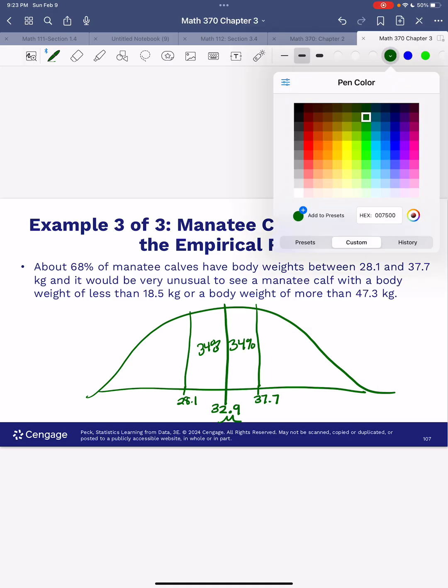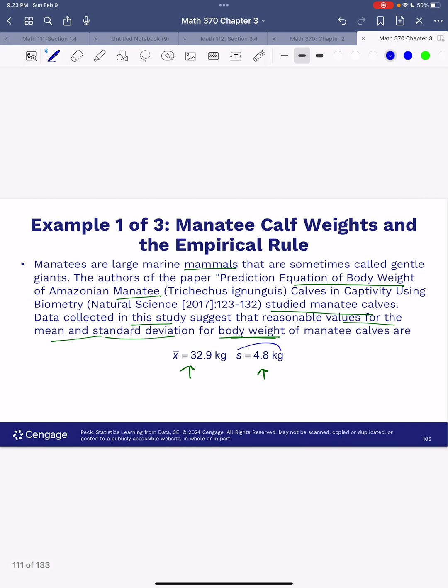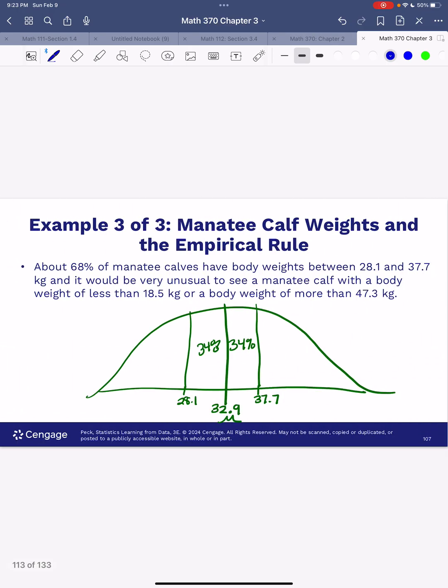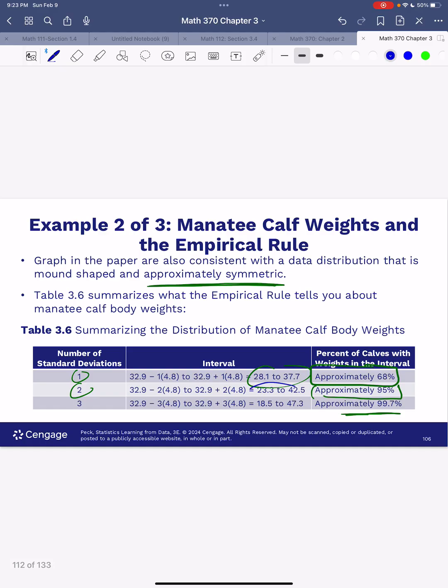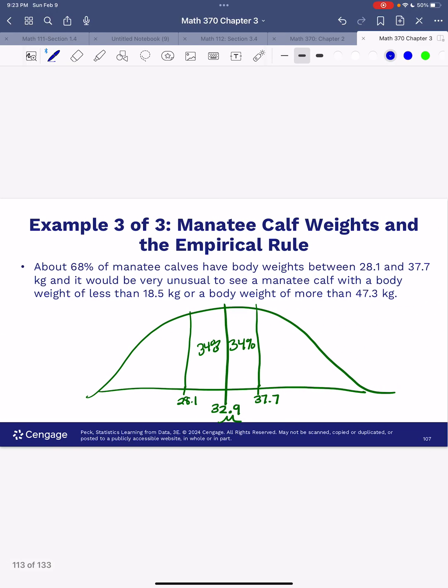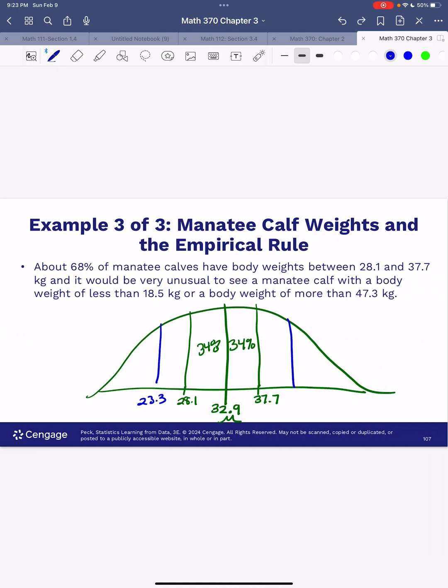Now we can do two standard deviations, which we just need to add an additional 4.8 in both directions. And we see that that's going to be 23.3 and 42.5.